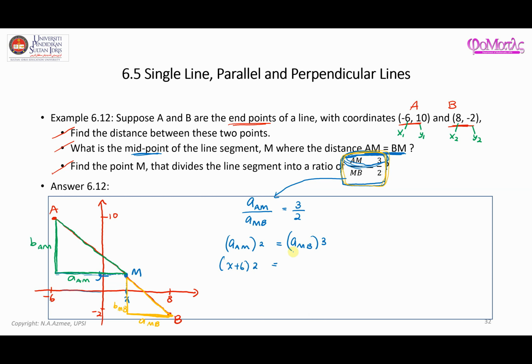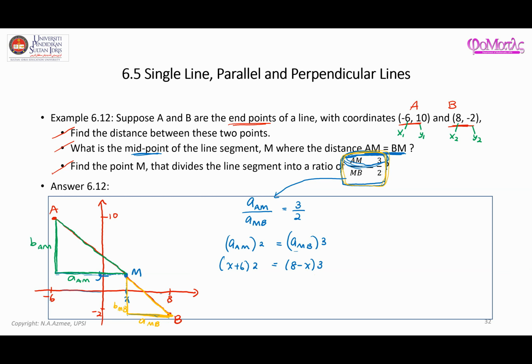Next, for A for MB, the length for A for MB. So this is A for MB. This one can be obtained by having 8 minus X. So this length. So A for MB is 8 minus X, 8 minus X times 3.